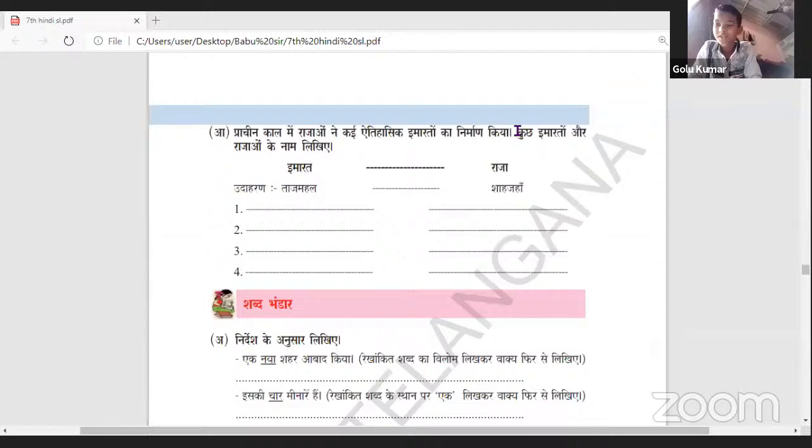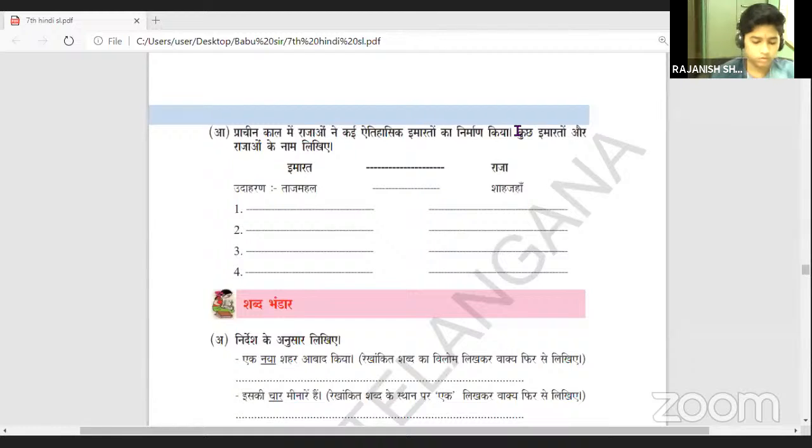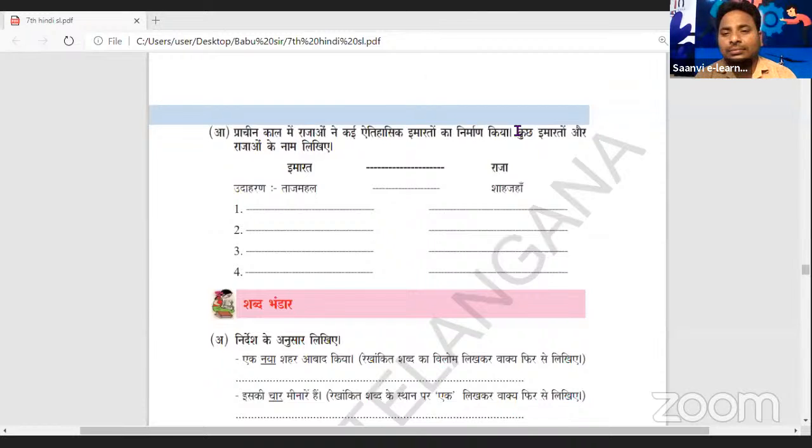Charminar has four walls. Okay, that is not necessary. What about the second one? Second building, who built the second building? Sir, I did not understand, sir. What is the second one? Shahjahan. What is that mansion's name?